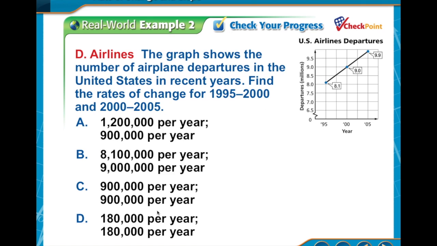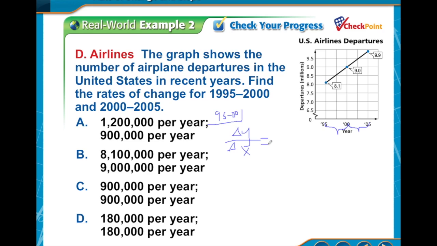First between 95 and 2000, and then from 2000 to 2005. So these 2 periods of time. So we can do that by, first let's do the change in y over the change in x. And this is for 95 to 2000.